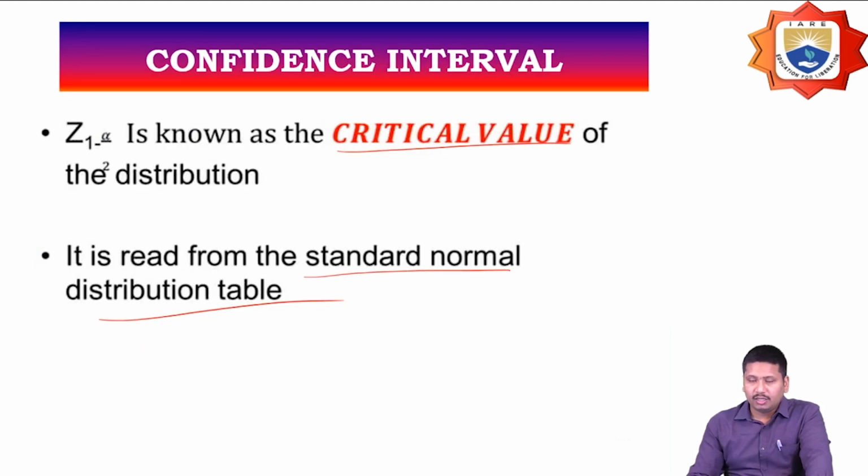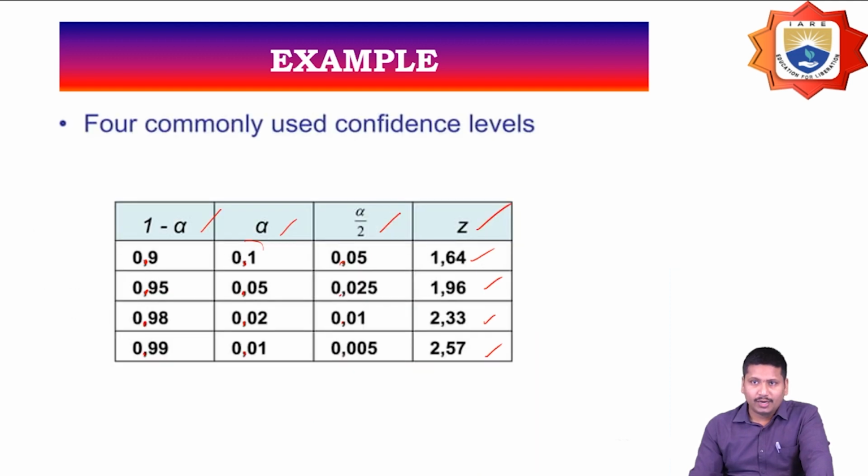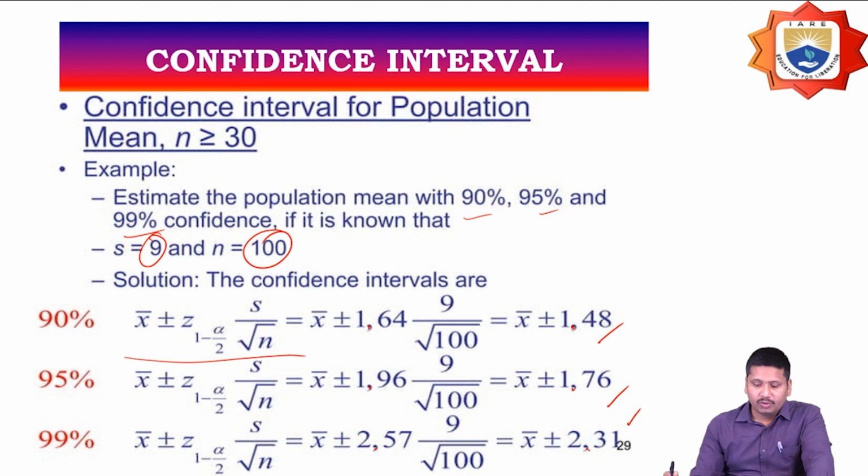This is the other parameter considered in the distribution, the critical value. The critical value is taken from the standard normal distribution table. Suppose this is the problem for the example of the confidence interval. By taking these values, I calculate the critical values and the confidence interval of the population greater than 30.